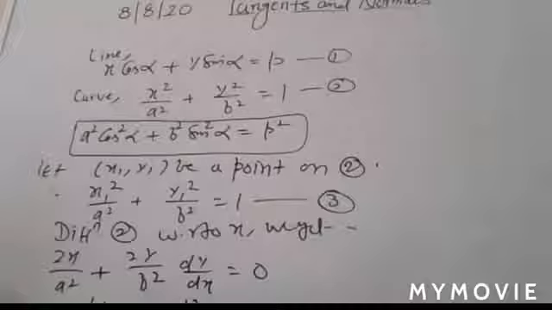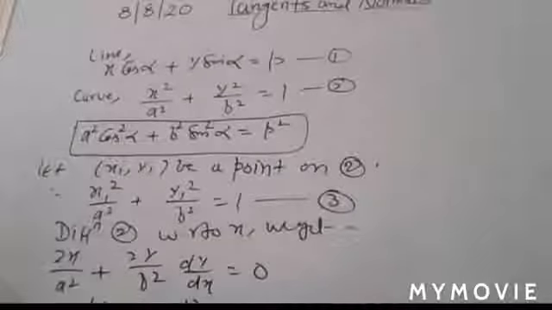So equation 1 and 4 represent the same line, and if they represent the same line, you already have the condition a1 upon a2 is equal to b1 upon b2 is equal to c1 upon c2. That is the concept of infinitely many solutions, because these two lines are the same. Understand? So you apply that concept here.